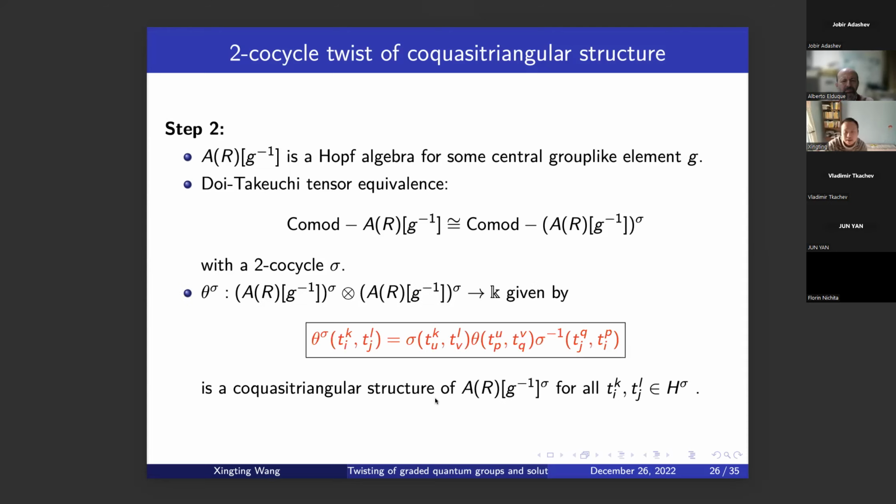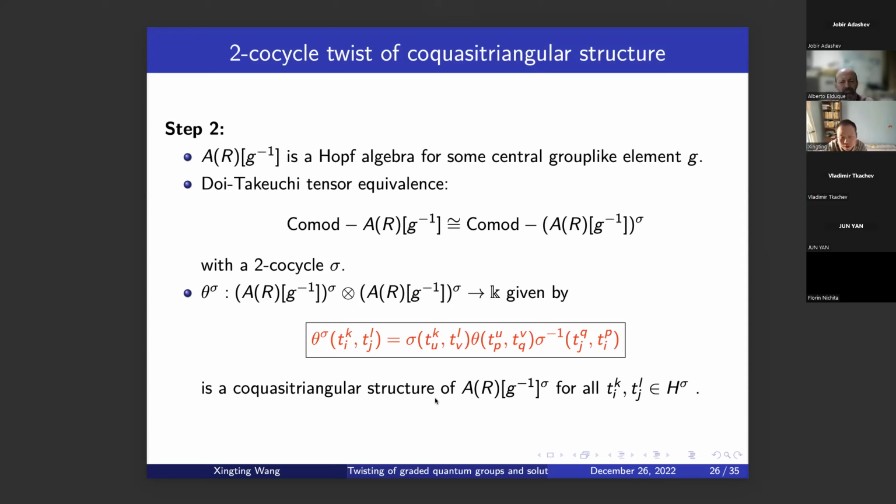The interesting thing is that since the left side is a braided category with a co-quasi-triangular structure, if you have a two-cocycle of A_R, the quasi-triangular structure can be naturally passed to the right side by the following formula.